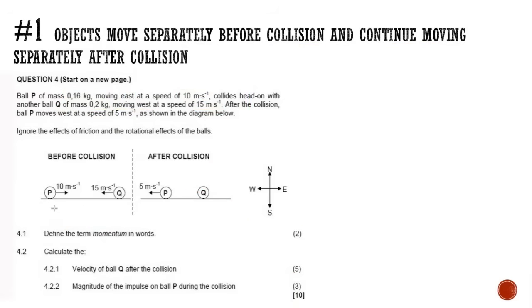Okay, so now when we go to 4.2.2, it says magnitude of the impulse on ball P during the collision. Now, as we can see, magnitude of the what? Of the impulse, right?